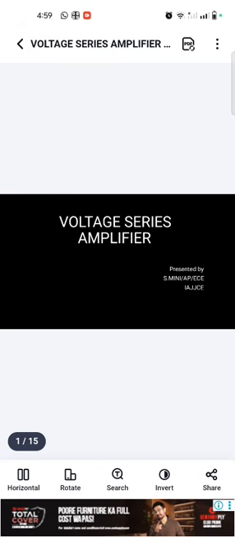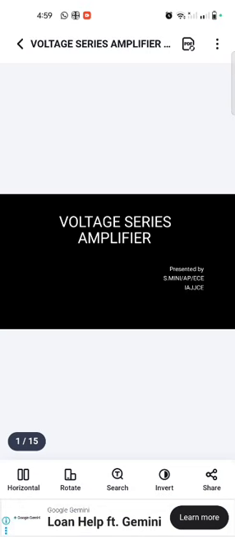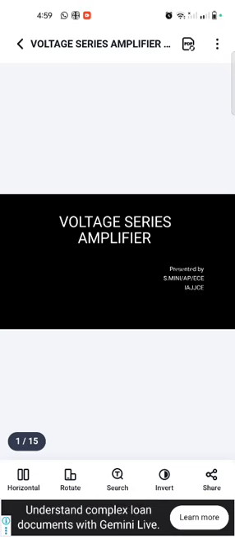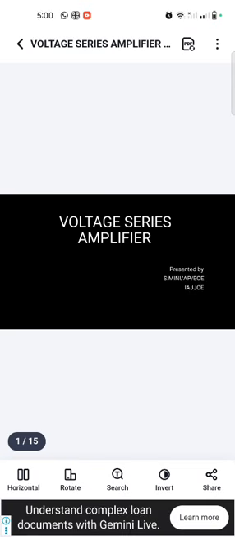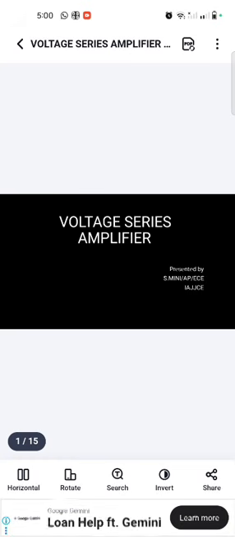Now we will see about feedback amplifiers. A feedback amplifier is an amplifier in which a small portion of the output signal is returned to the input, or we can say fed back to the input. This is what feedback amplifiers are. The basic block represents this: we give the input to the amplifier, and from the amplifier we take the output.